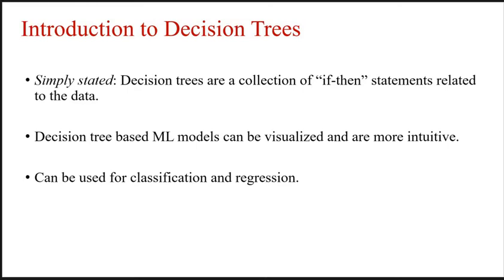And the benefit of the decision tree is that you can visualize, you can see the actual tree as a graphic, and therefore they're more intuitive, and we have an intuitive connection. We know what a tree is, right? So there are a lot of other benefits.